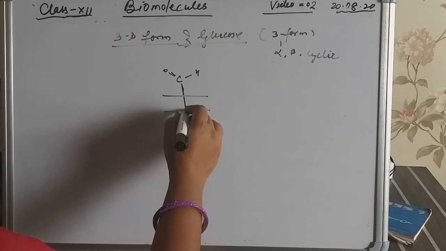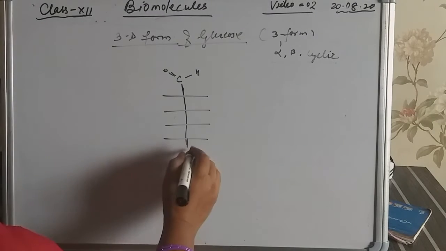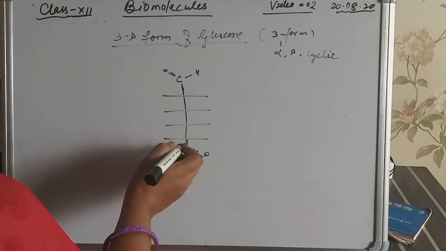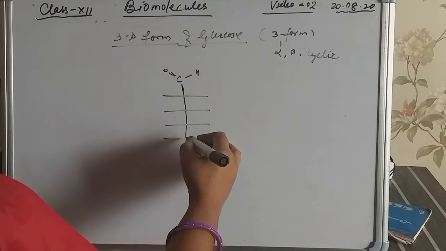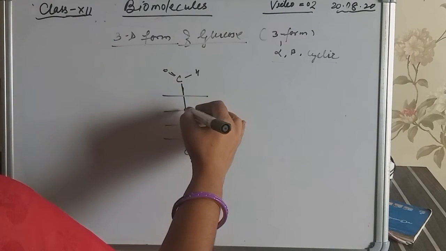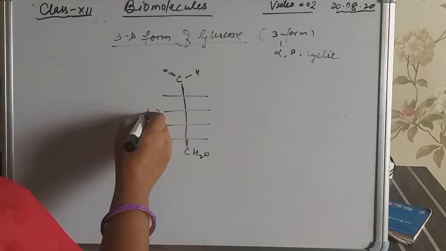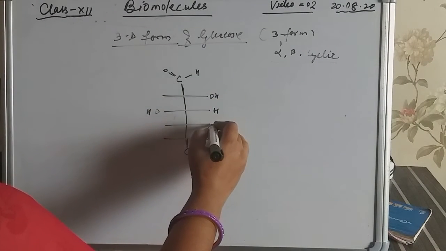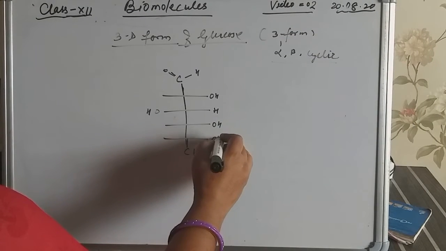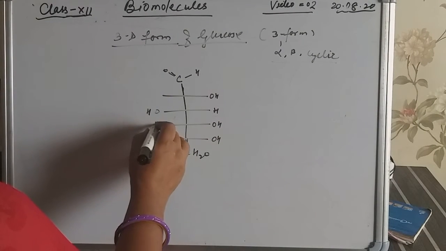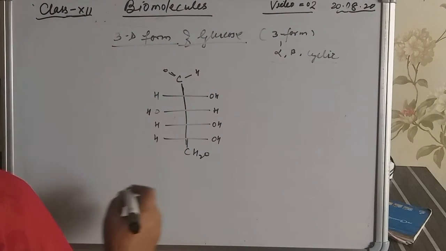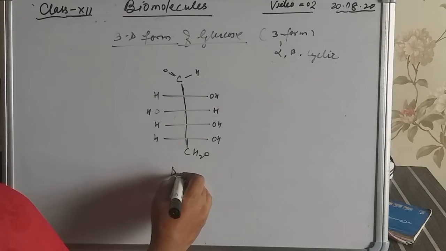Positions 1, 2 and 3 have OH as shown, then OH, H, OH, OH, H, H and H. So this is the structure of D-glucose.